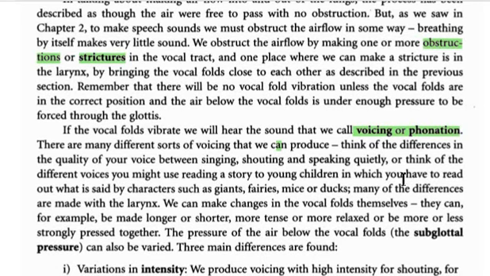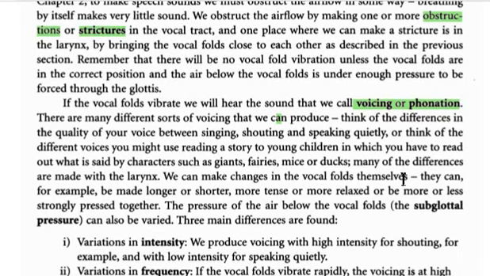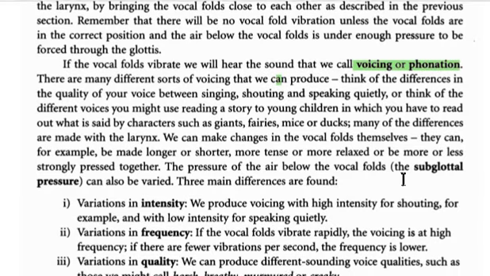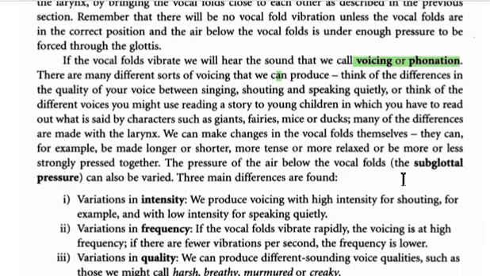It results in pressure under the larynx, because the air is not going freely, it's under pressure because it's not a free path. This is called subglottal pressure, and we can control it.